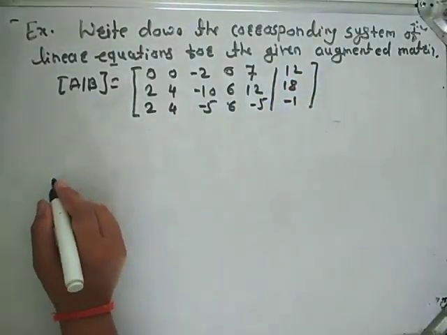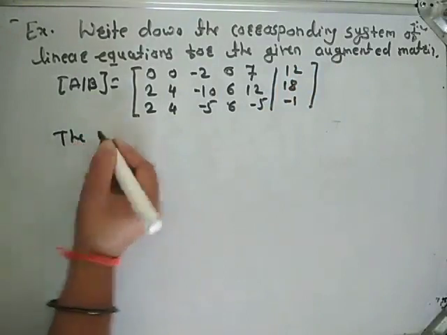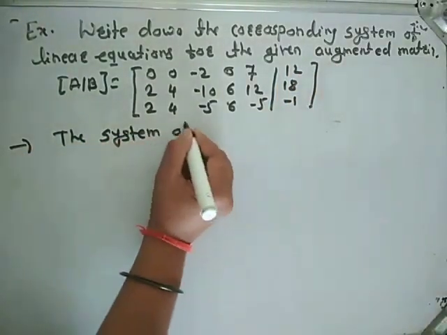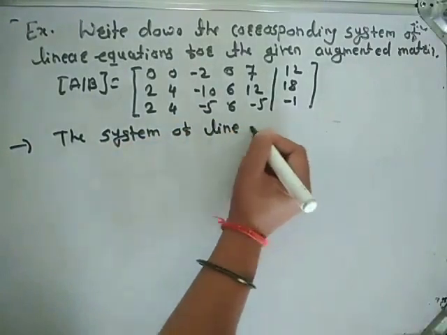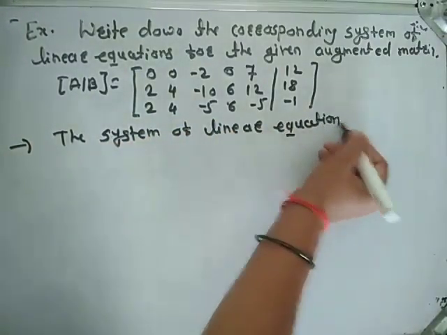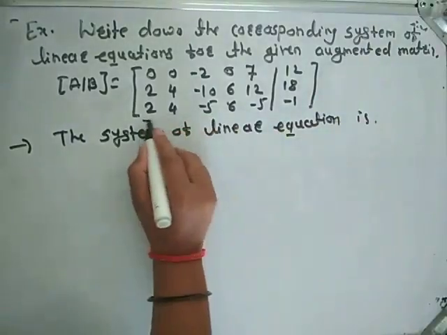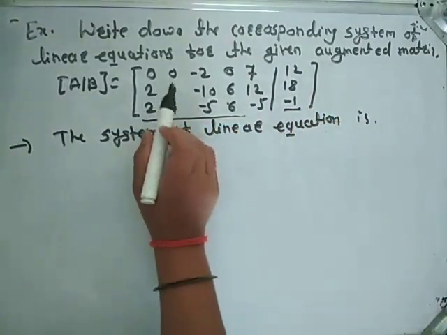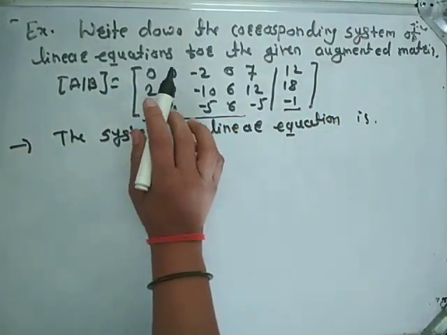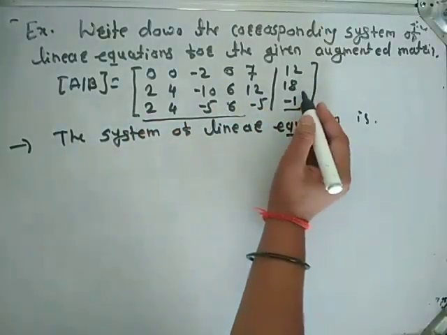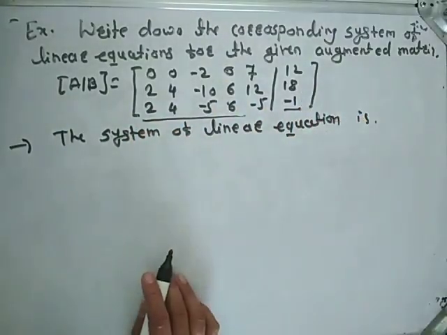The system of linear equations is, this is matrix A and this is matrix C. This is the coefficient matrix of the system and this is the right hand side constants of the system.